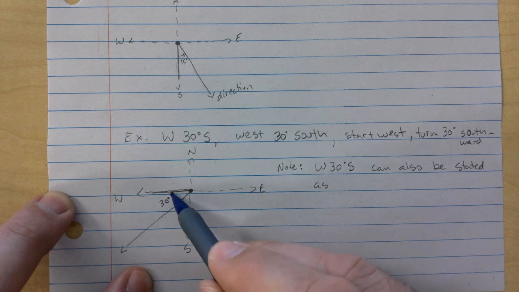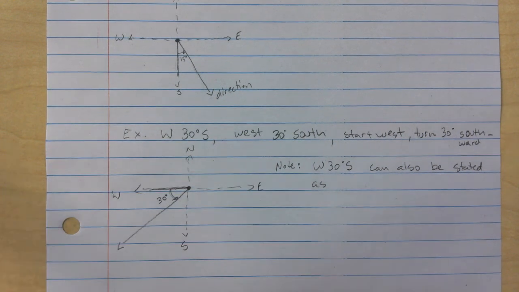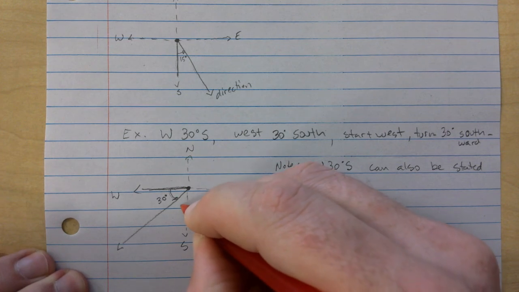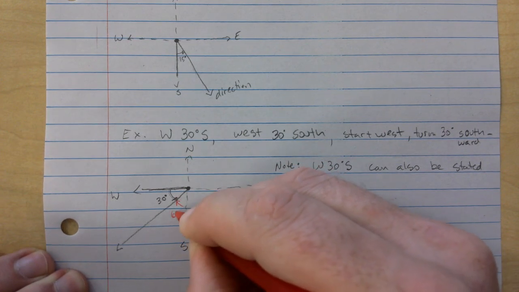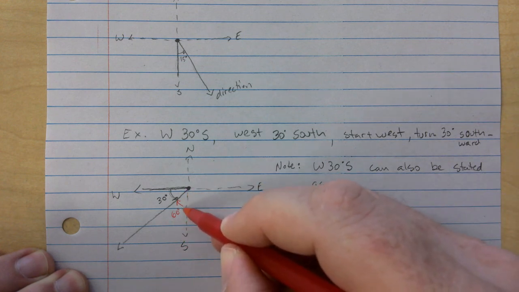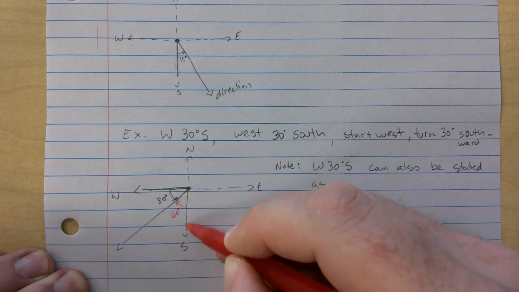So if this is 30, we know that this is 60 here. From the south, you would have to turn 60 degrees that way.